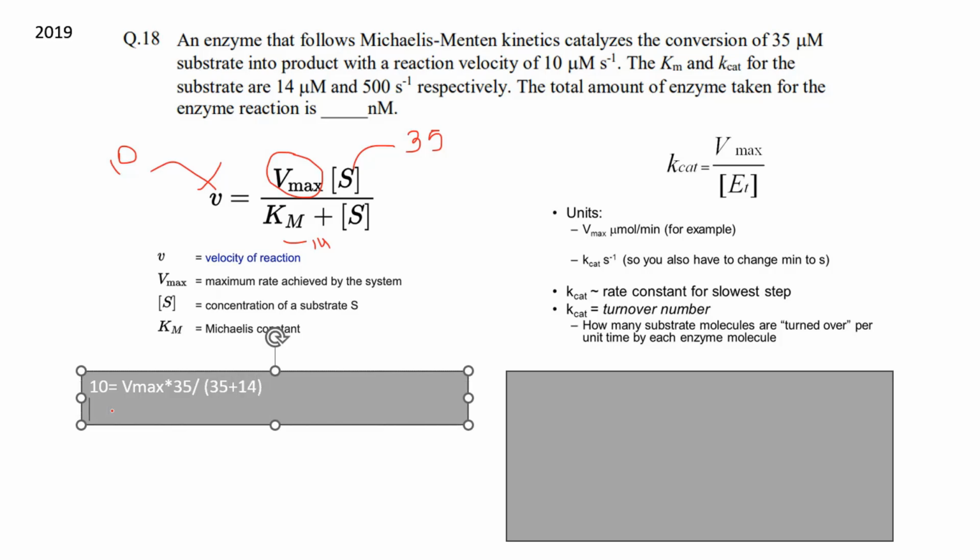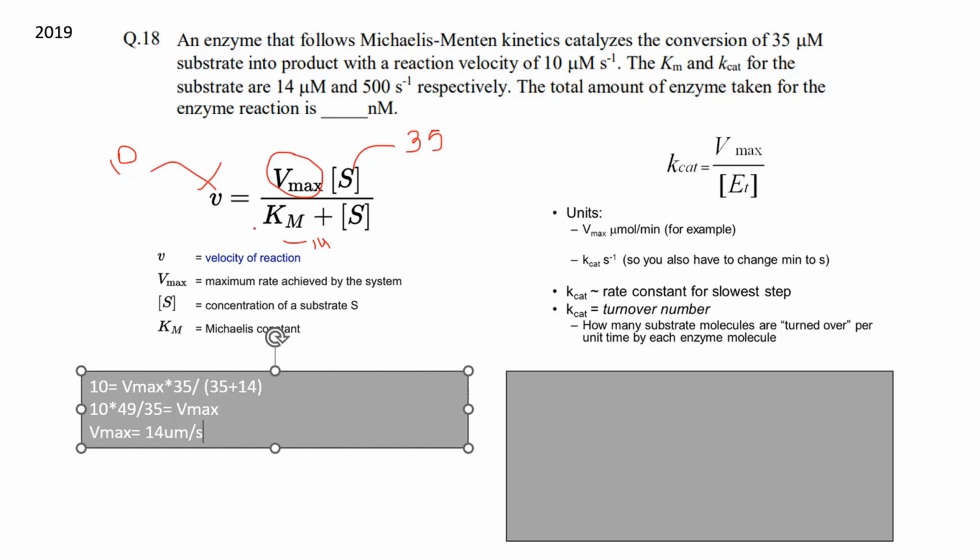So 10 into 35 plus 14, which is 49, divided by 35, is equal to Vmax. Now if we calculate that, Vmax will come around 14 micromole per second. Vmax is 14 micromole per second, V is 10 micromole per second.